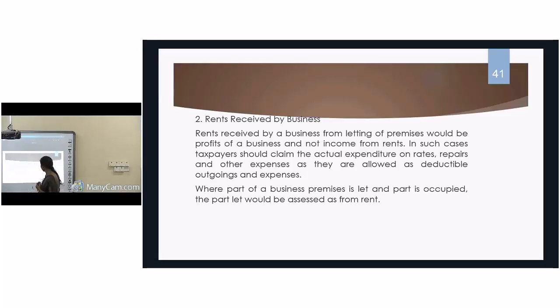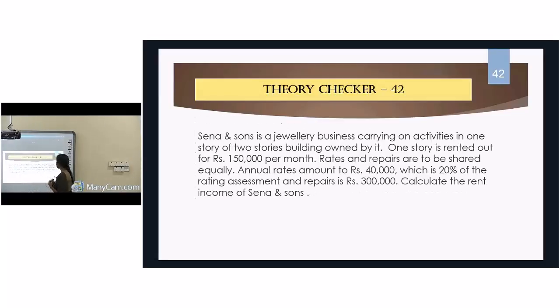So this question: Sen & Sons is a jewelry business carrying on activities in one story of a 2-story building owned by it. Sen & Sons is a company. So for one floor they use it for their business, and the other floor they are going to rent out for 150,000 per month.